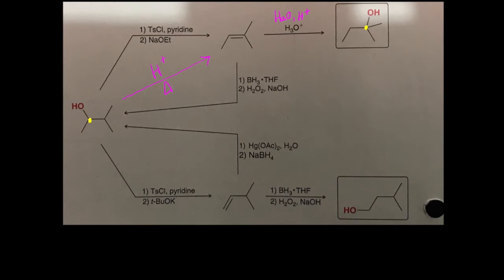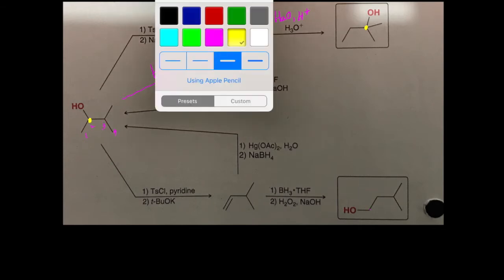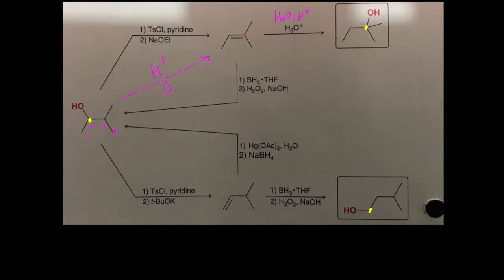Now, to do this bottom reaction, where you change the alcohol at carbon 2 there to an alcohol that has the hydroxyl group at carbon 1, okay, we need to do something different.